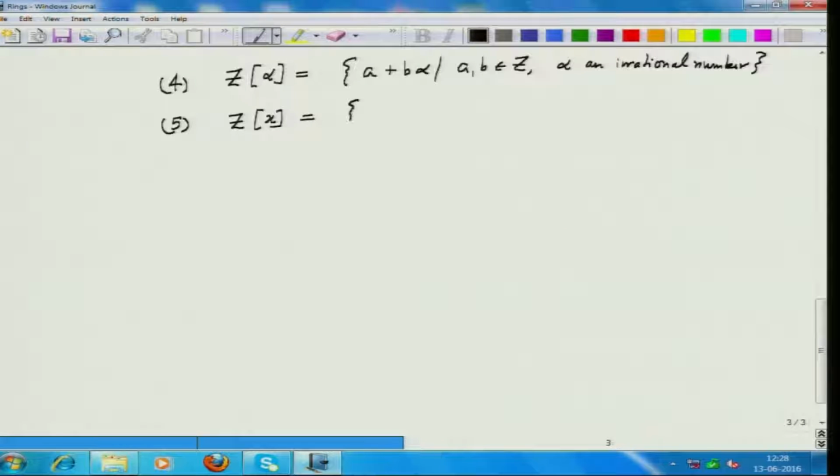This is a polynomial in one variable, where aj is in Z and d is a positive integer. So this is just a collection of all polynomials with integer coefficients in variable x. Is this a ring?